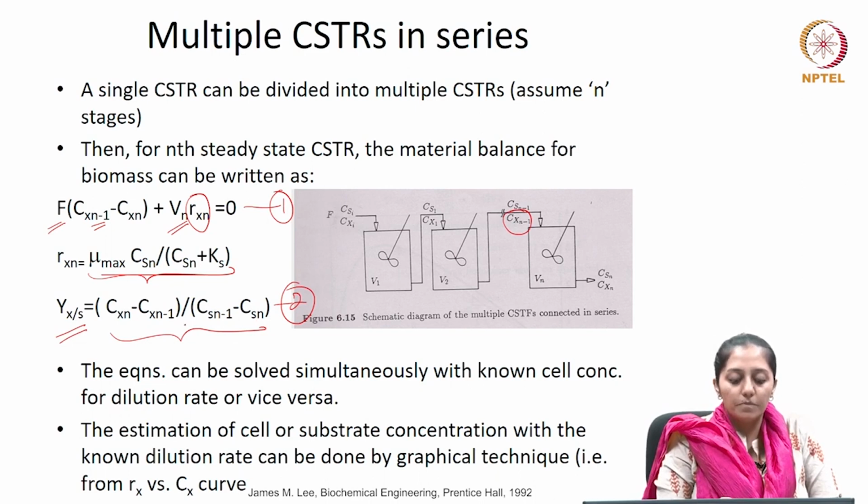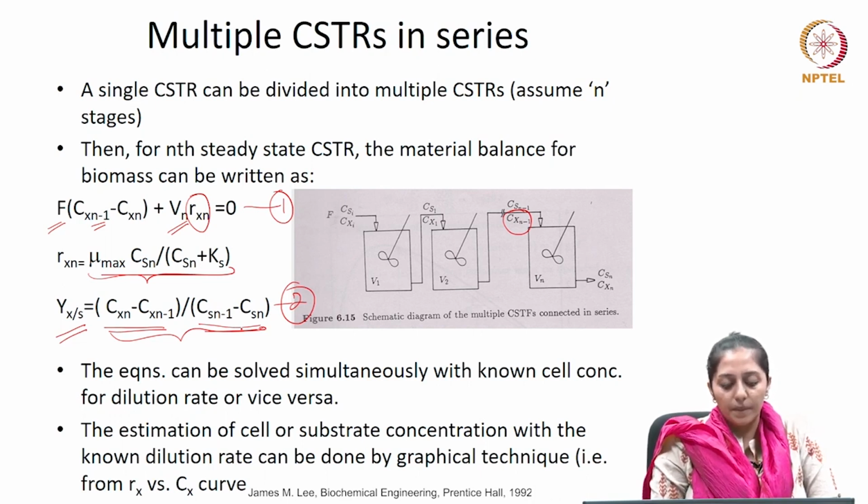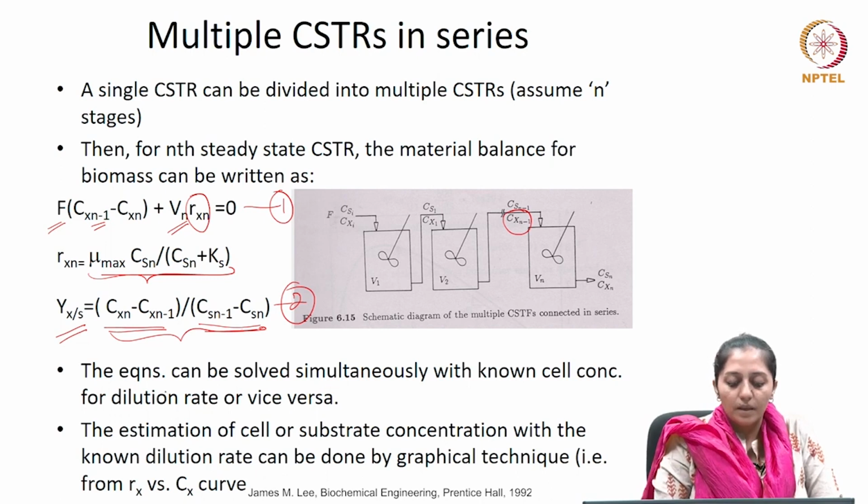The amount of biomass produced, in the numerator, per unit substrate consumed is equal to Yx by S. The equations can be solved. So, now again similarly as we did earlier, the equations can be simultaneously solved with known cell concentrations and the dilution rates.